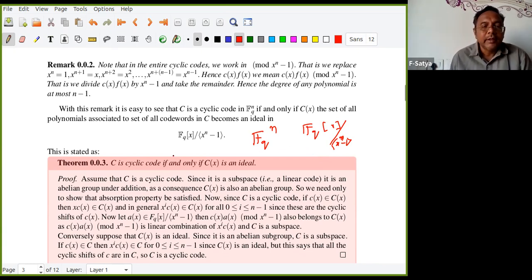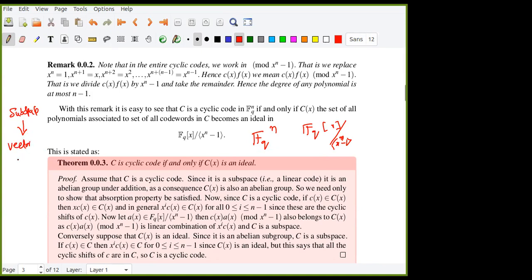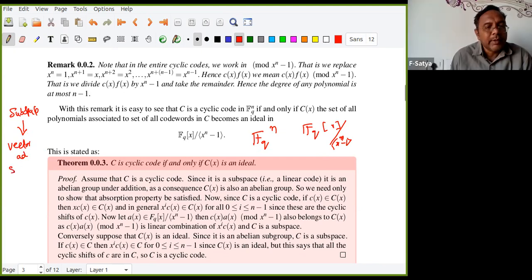Another thing is a subspace. A subspace is simply a vector space. What are the operations a vector space has? Generally, what are the operations we have in a vector space? Vector addition, and what else? Scalar multiplication, right?